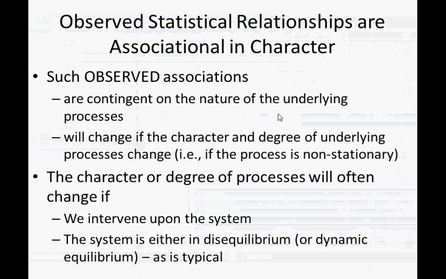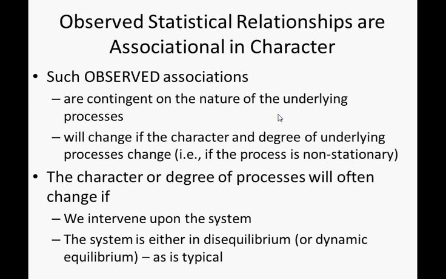So these associations between one quantity and another will vary based on interventions we undertake, based on changes that may occur due to exogenous factors like changes in the economy or changes in the climate or what have you. So the character of these processes, and the particulars of them in terms of their magnitude and so on, will change if we intervene upon the system or if it's in disequilibria.